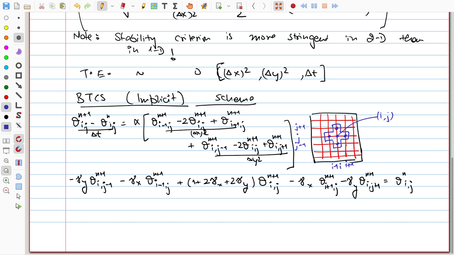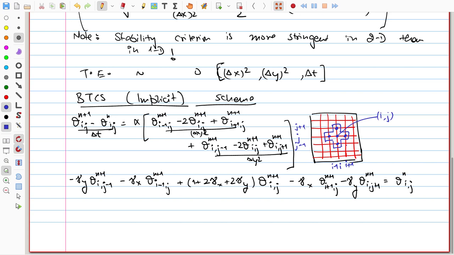Now of course I cannot solve this equation by itself like an explicit scheme, because you have one equation and 5 unknowns here, so you need more equations. This equation has been written for i comma j. If you change your point i comma j, you get different equations, with different 5 terms.